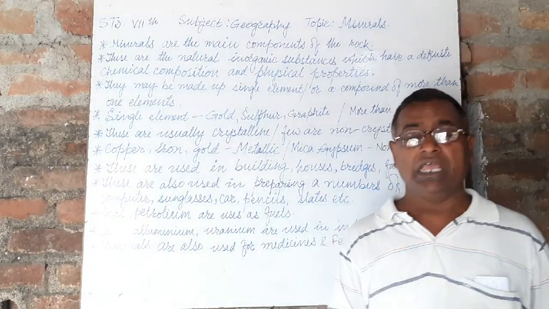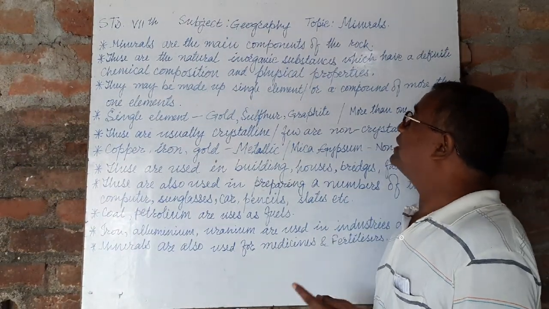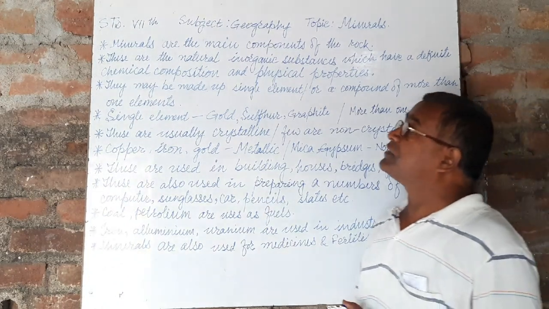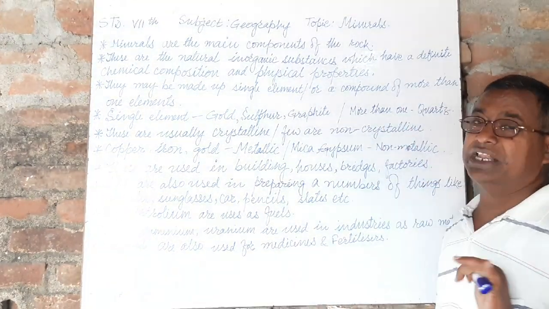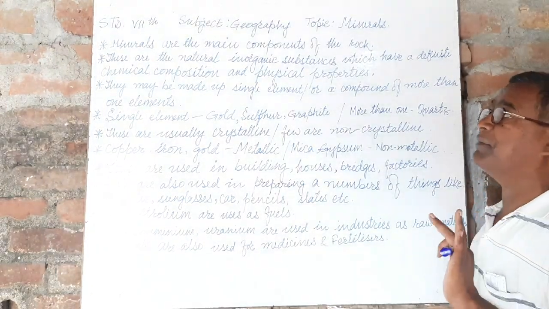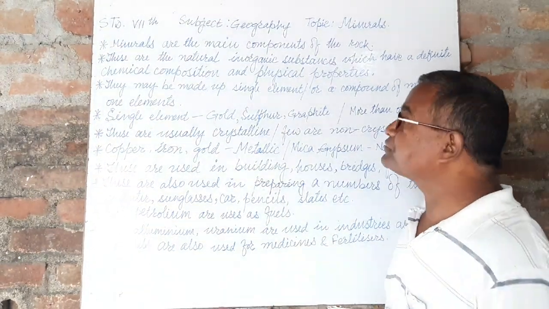Chemical composition means रासायनिक संगठन, रासायनिक संरचना, and physical properties means भौतिक गुण. So it means minerals are natural inorganic substances which have a definite chemical composition and physical properties both.